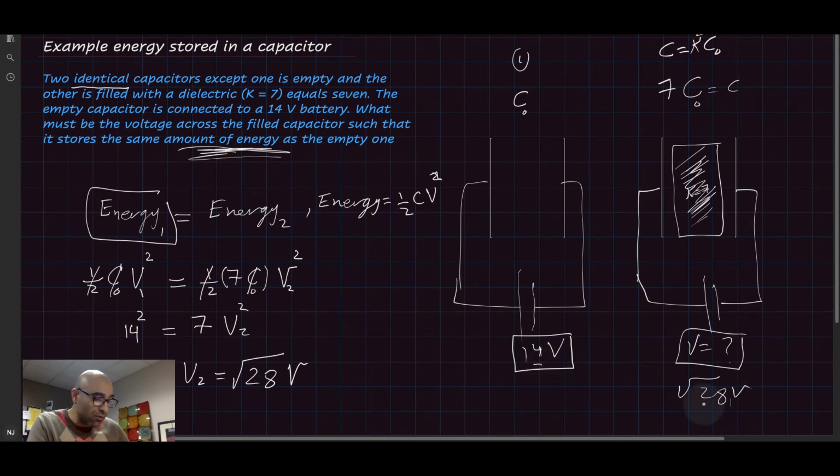As a matter of fact, 14 is much bigger. And that tells us why putting the slab means that we need less battery power to charge this guy, or to get it to store the same energy we need for this one. And that's another benefit of dielectric slabs.